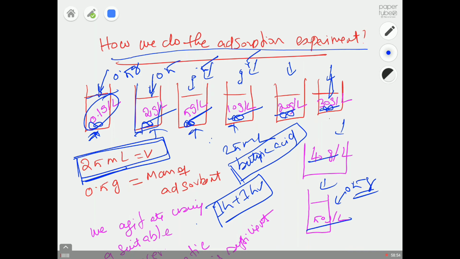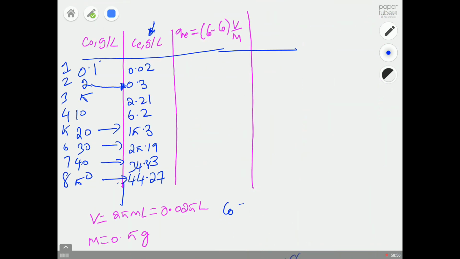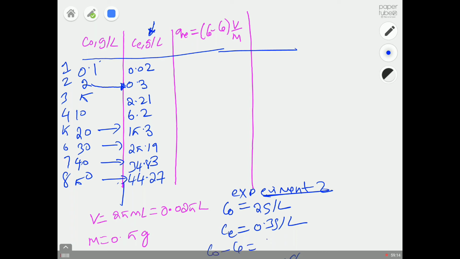Taking experiment 2, we started with 2 grams per liter and ended with CE of 0.3 grams per liter. So C0 minus CE is 1.7 grams per liter of solution, and we did the whole experiment in only 25 ml of solution.